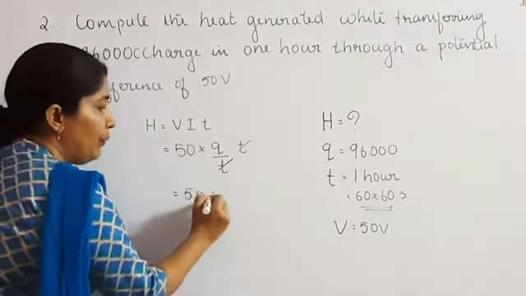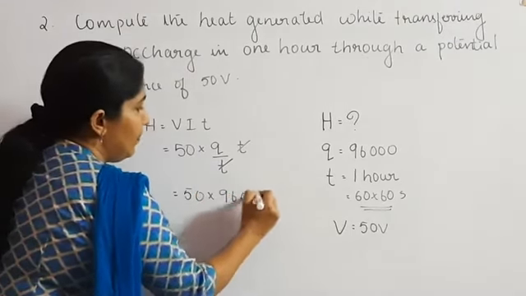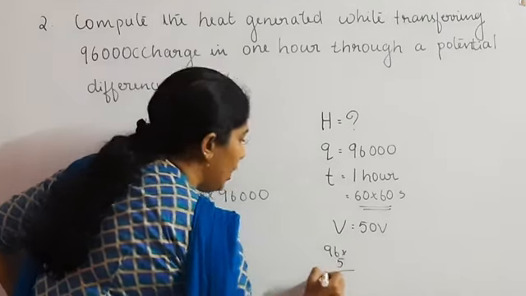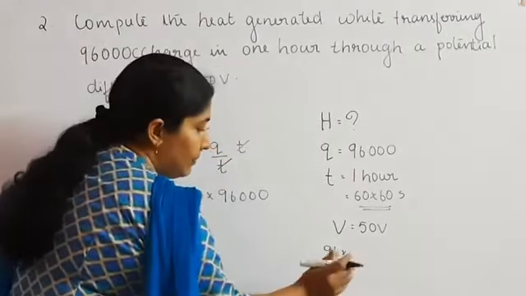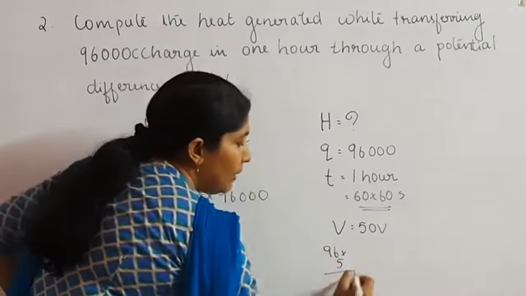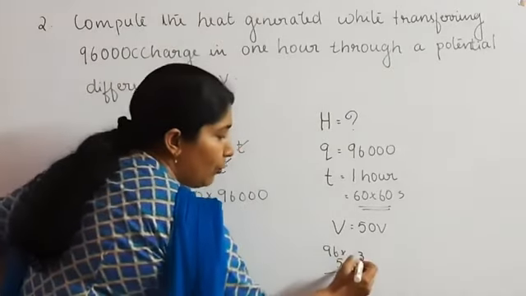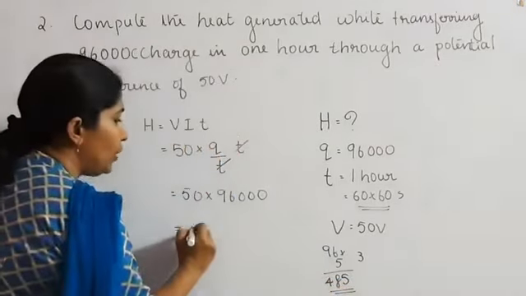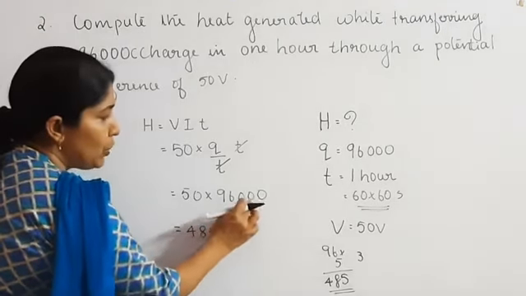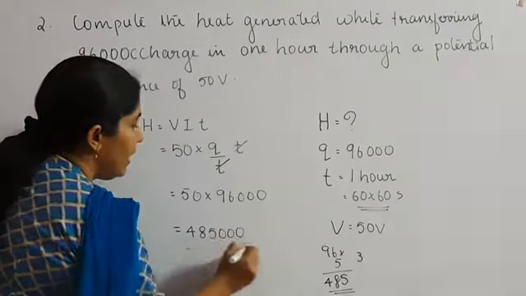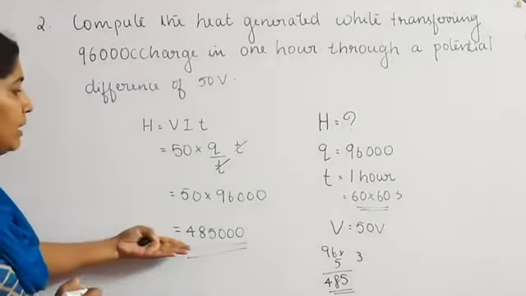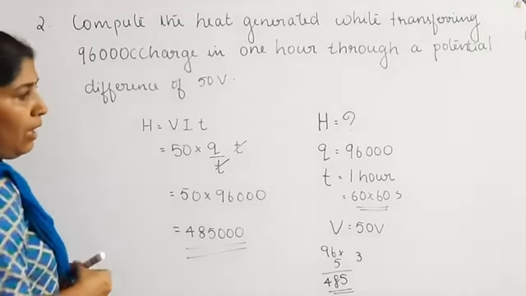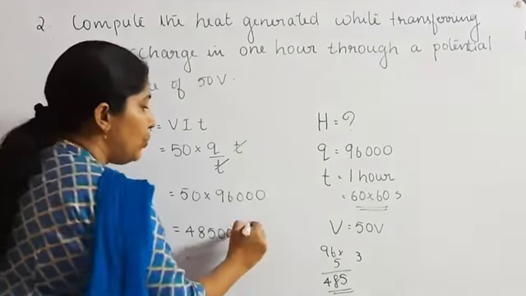Therefore, 50 into 96,000. On solving, we get 96 into 5, which is 480, so it becomes 480 with the zeros, 4 of them. The heat energy developed is equal to 4,800,000. All these terms are in SI units, so its unit is joule.